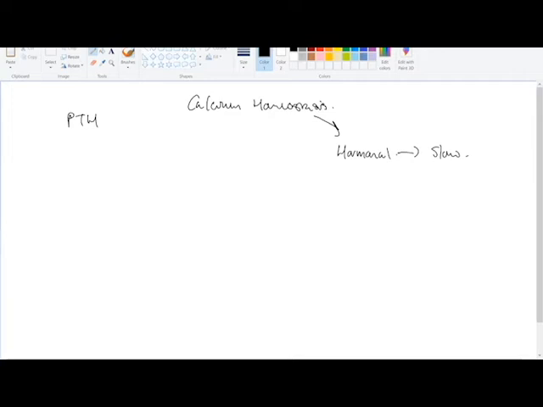If we've got a low serum calcium, then parathyroid hormone will be released by the parathyroid glands, and it will act on three things. First thing is it will act on the kidneys.